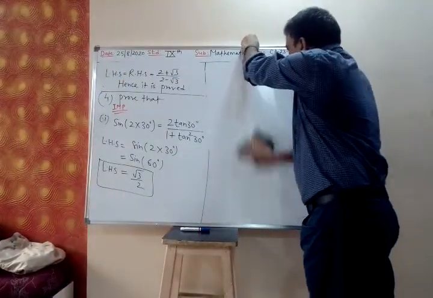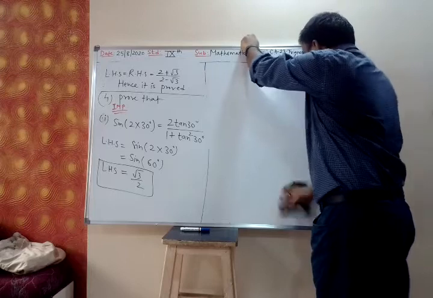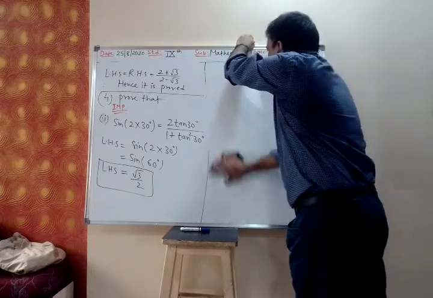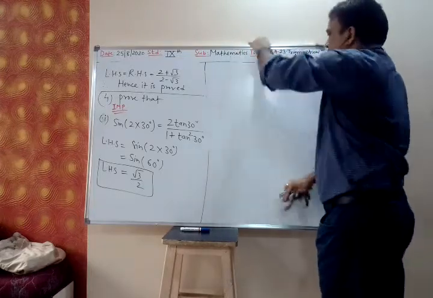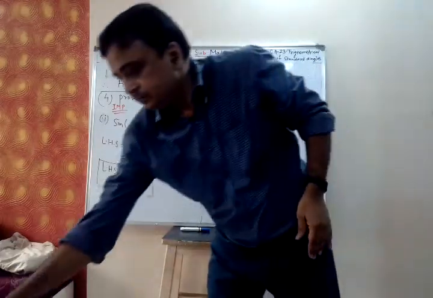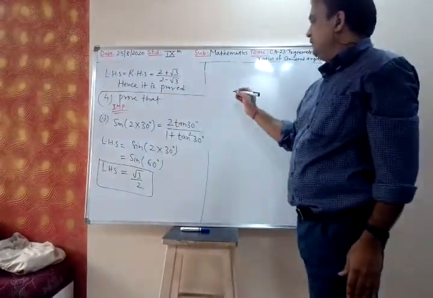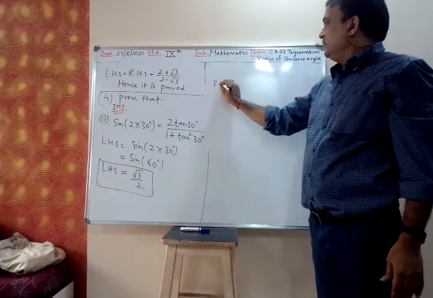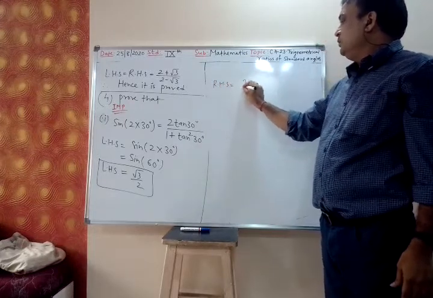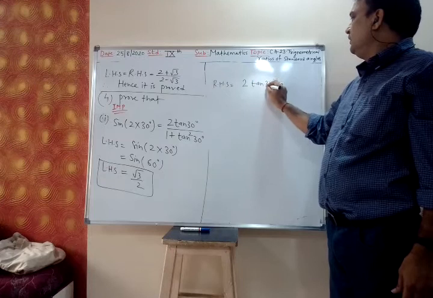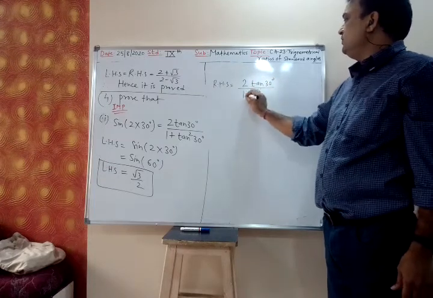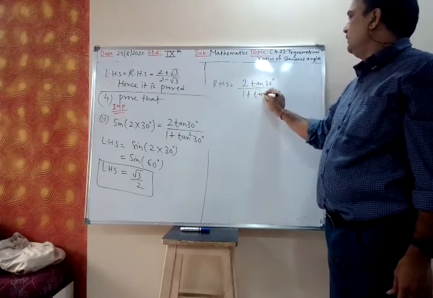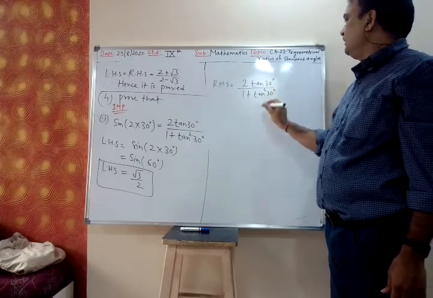So now consider the right hand side, 2 tan 30 degree upon 1 plus tan square 30 degree. Tan 30 degree is 1 by root 3.